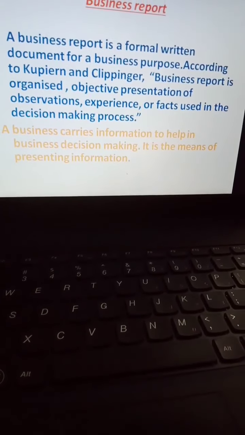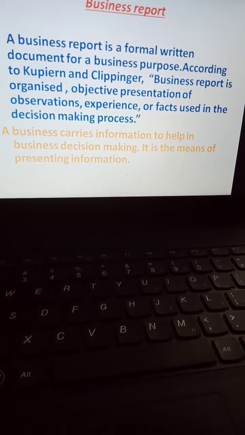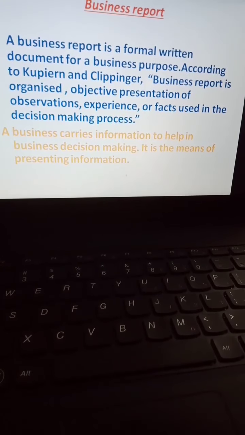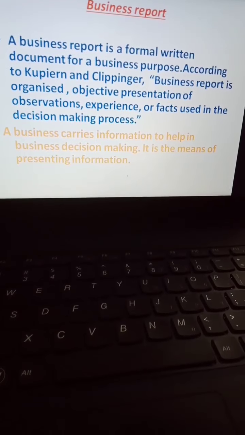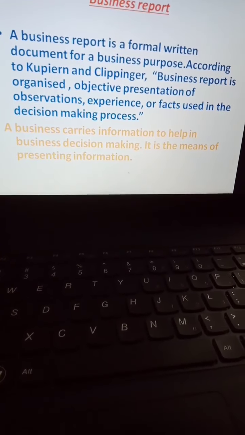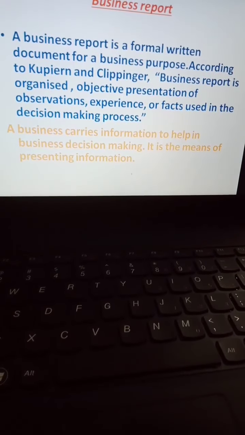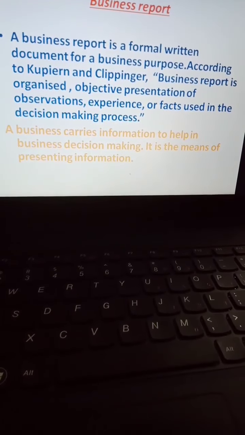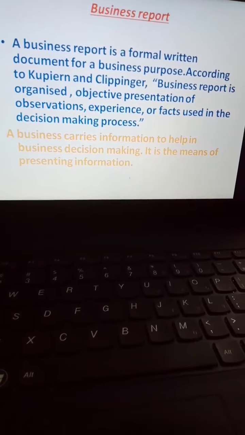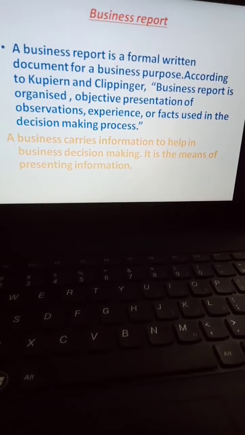I repeat, a business report is an organized, objective presentation of observations, experience, or facts used in the decision-making process. A business report carries information to help in business decision-making. It is the means of presenting information of a business company.